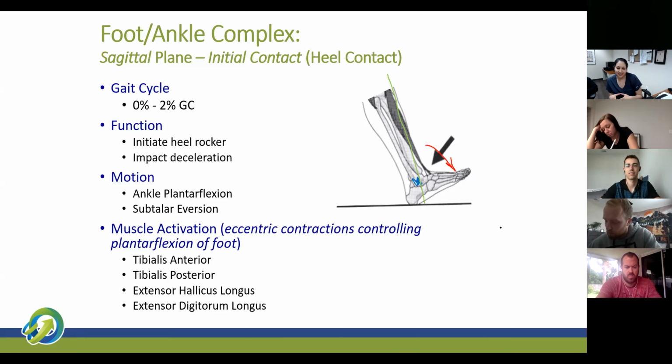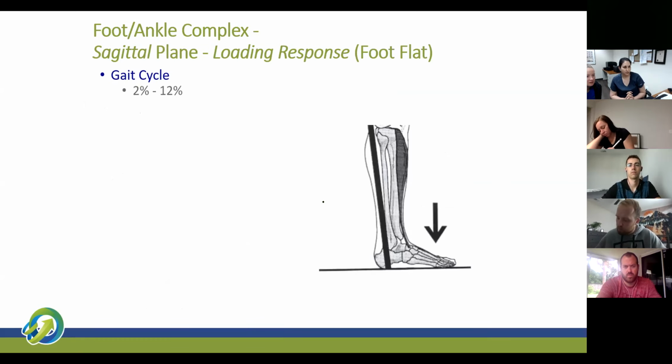Sorry, I got to move my cursor around to unmute me. Yeah, I understand. So the arrows in each of these slides will explain the motion of basically the foot and ankle joint, the overall ankle joint. Correct. So in this one, it's saying the motion at the ankle joint is the foot plantar flexing slightly, but it's the next phase where the foot actually makes contact down with the ground.